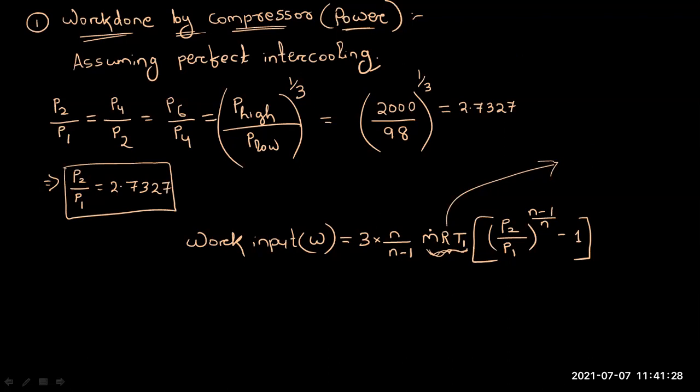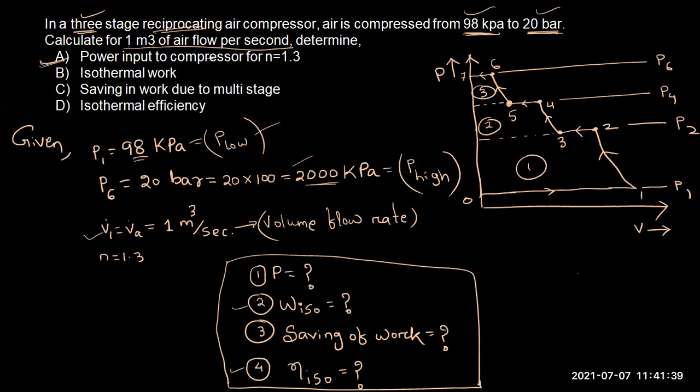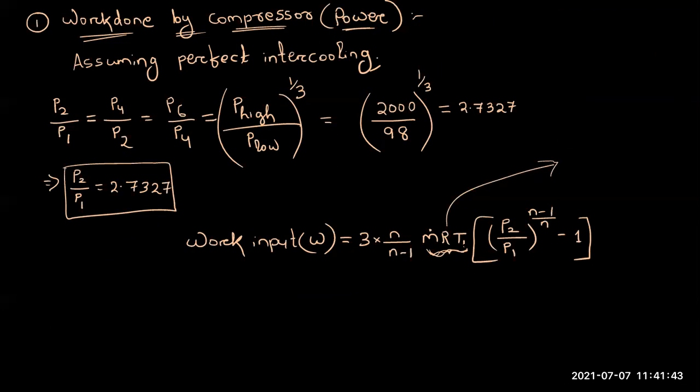Okay, so here what to do? Even if you take m equal to 1, what about T1? Not a single temperature they have given. So what should I write in place of T1?